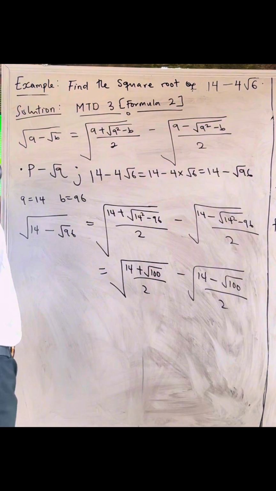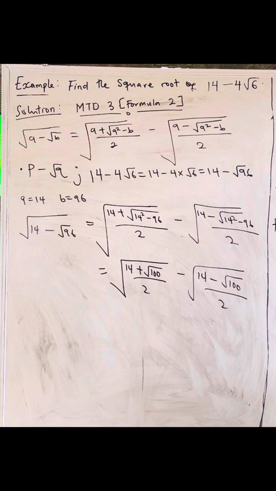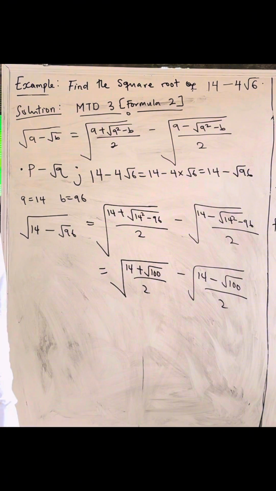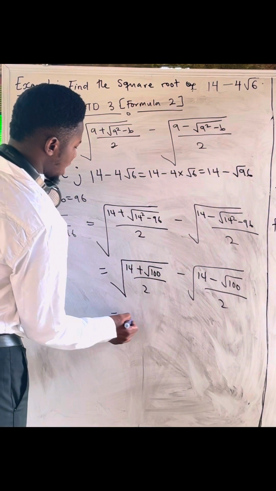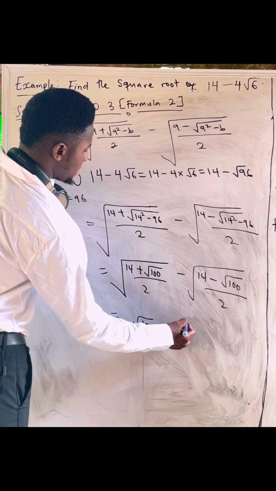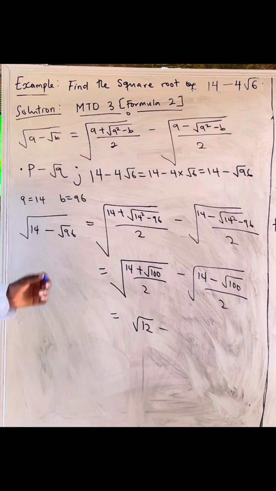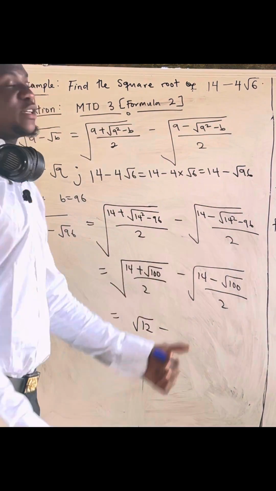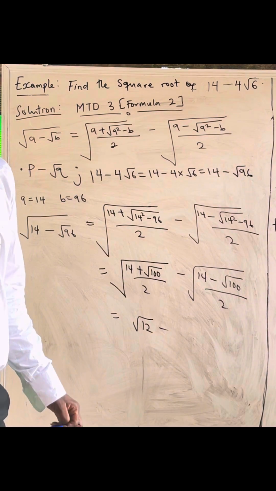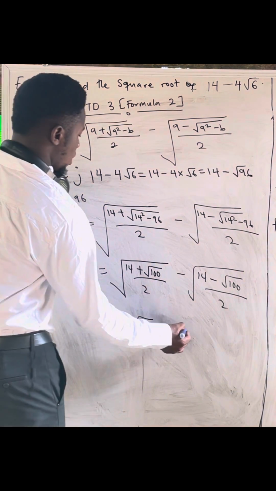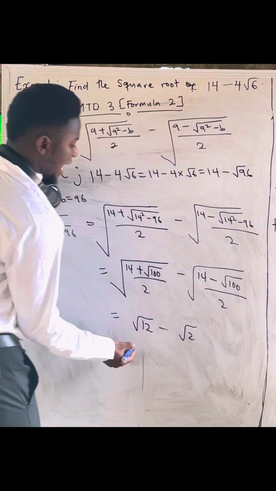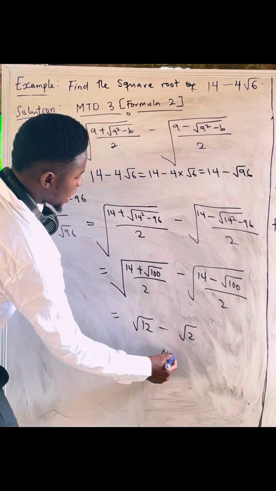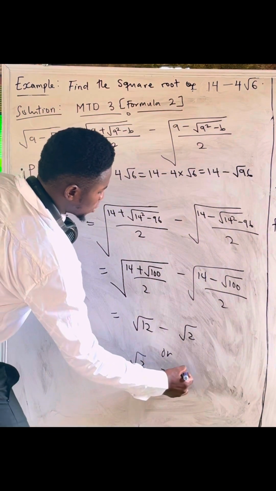Guys, what is root 100? Root 100 is 10. What is 14 plus 10? 14 plus 10 is 24. 24 divided by 2, that is 12. So that will be equals to root 12 minus, what is 14 minus root 100? Root 100 is 10. Now, what is 14 minus 10? That is 4. 4 divided by 2 is 2. Root 12 minus root 2. So the answer is this, or we say root 2 minus root 12.